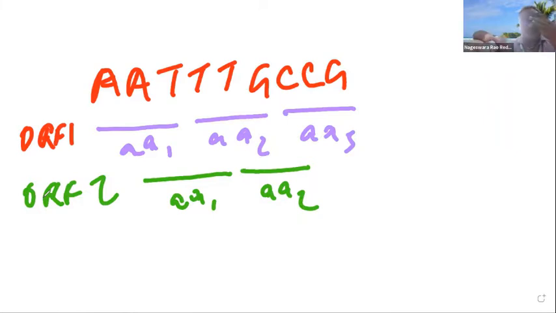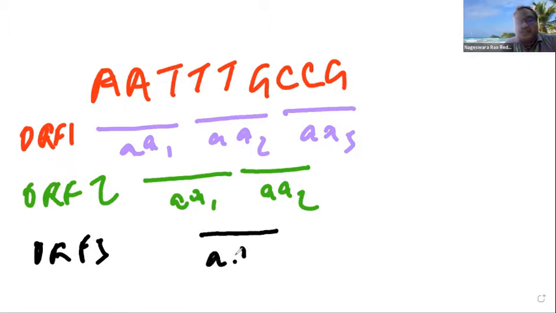Now coming here, how many are possible with the third one? The third one starts with your third nucleotide. So there is amino acid 1, and from GGC, amino acid 2, and 1 nucleotide is left.